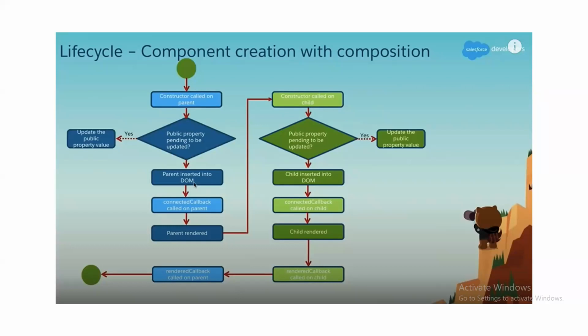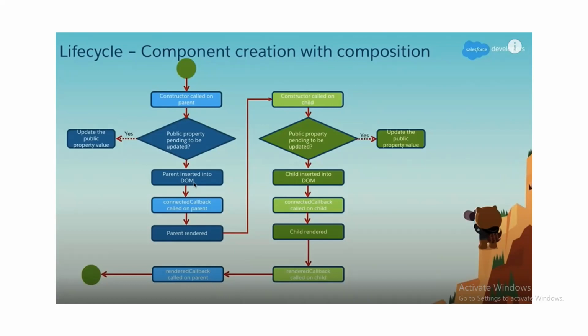So you can see that many lifecycle hooks are involved here. What are the lifecycle hooks involved? First is the constructor, which is called on the parent. This particular slide talks about the component creation in case of a parent-child relationship. Suppose we have a file with a parent component and under that there is a child component.